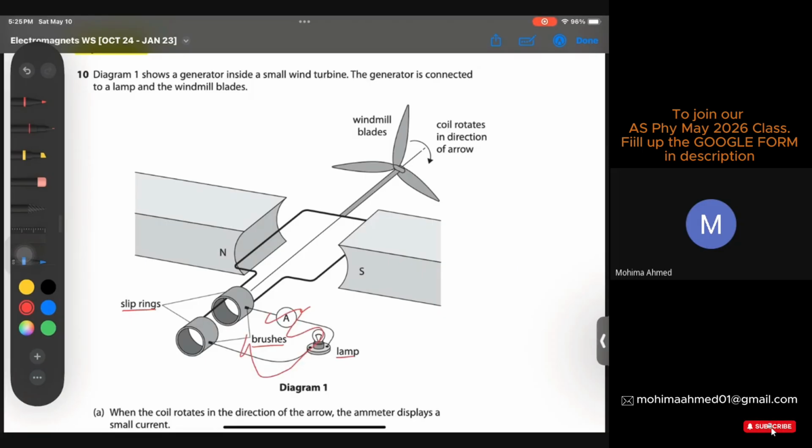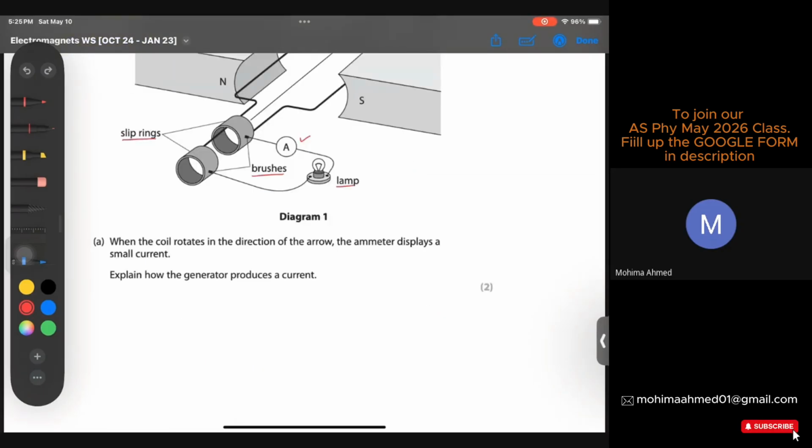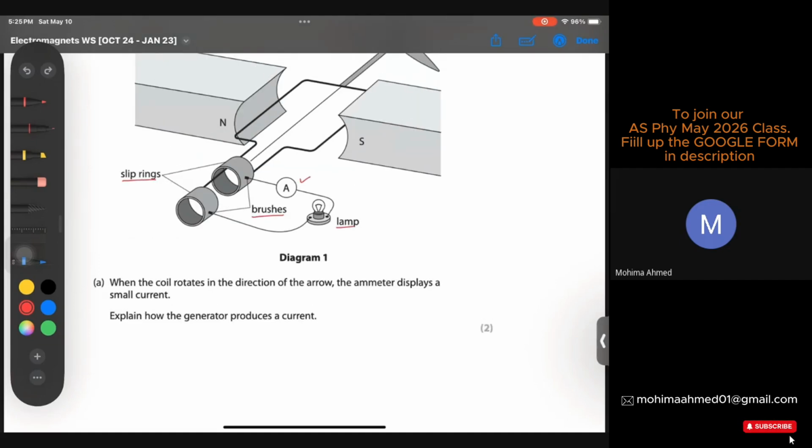And if a voltage is induced, obviously a current is now flowing through the circuit. So for the 2 marks over here, you just have to say that as the coil rotates through the magnetic field, there is a flux linkage which induces a voltage that creates a current flow in the circuit, right?